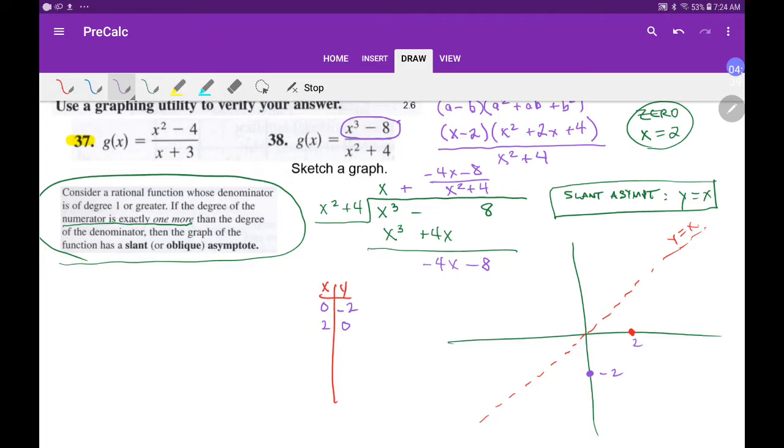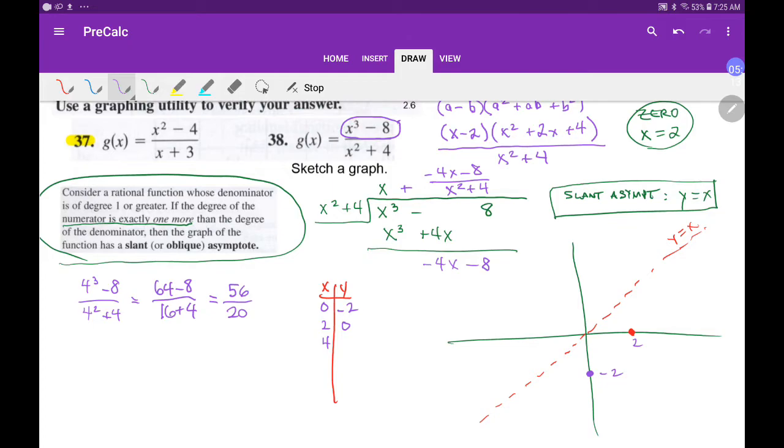And how about when I put in 4? What happens when I put in 4? Well, I get 4 to the third minus 8 over 4 squared plus 4. So that's 64 minus 8 over 16 plus 4. So we're talking 56 over 20.